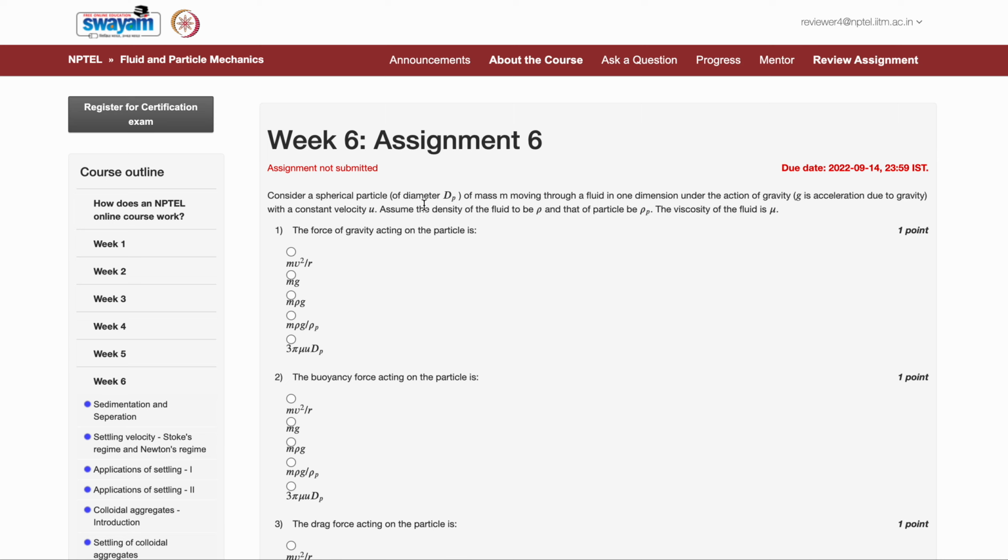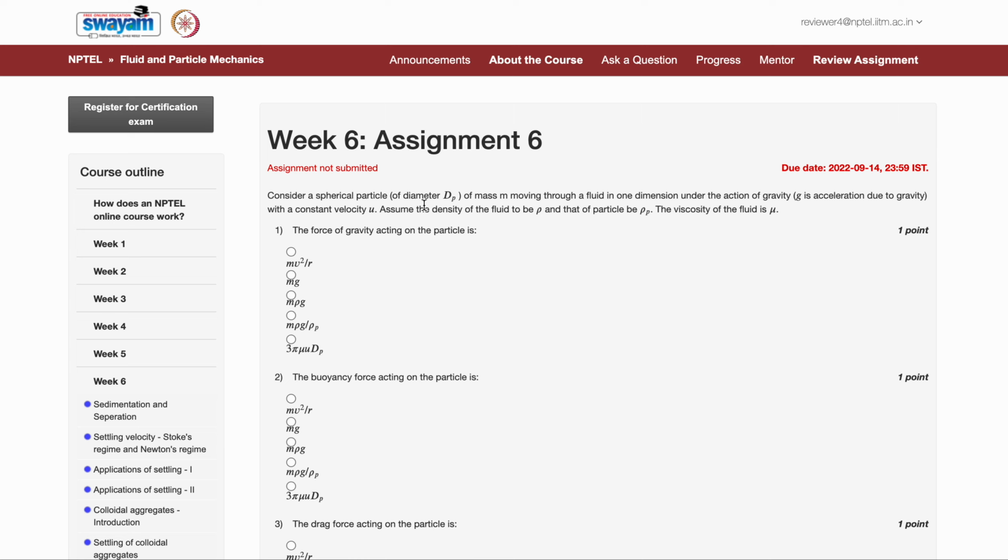So the velocity of the particle is constant, which is small u. Assume the density of the fluid to be rho. So the density of the surrounding fluid is rho, and that of the particle is rho p.